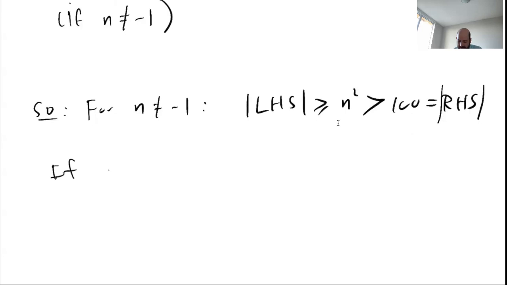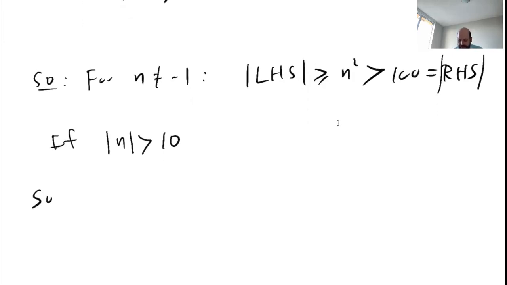If n in absolute value is bigger than 10, n squared will be bigger than 100.